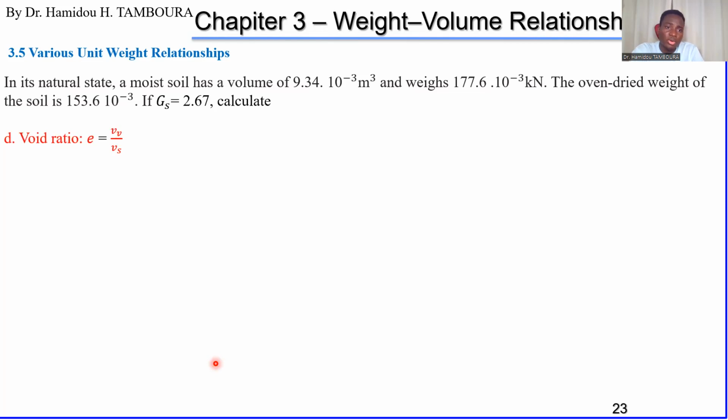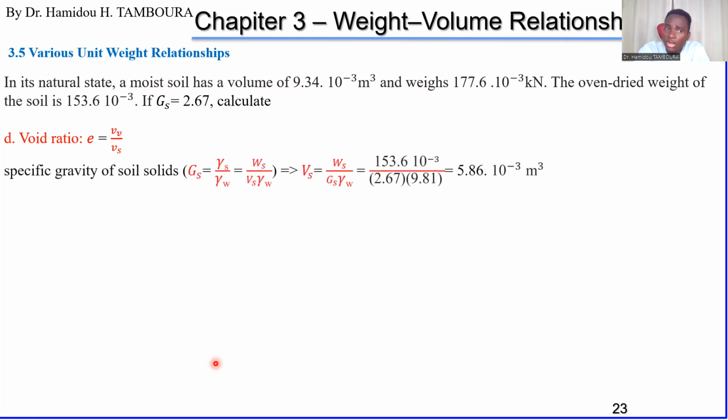And D is about the void ratio. The definition of void ratio is volume of void divided by volume of soil particles, the volume of solid. I think we can obtain the volume of the soil particles by using the specific gravity of soil, because we have the specific gravity of the soil particles here, and we have the weight of the soil particles here.